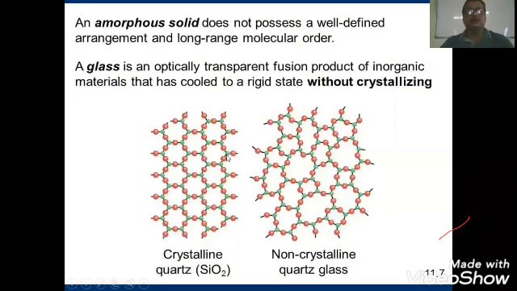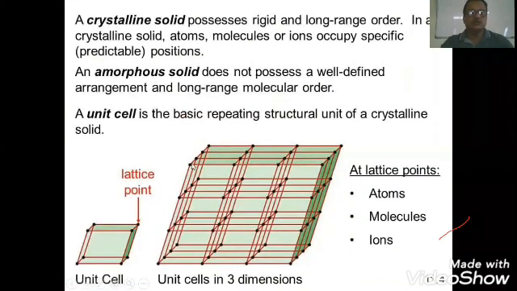So you can draw the structure of silicon dioxide in the form of what is called a space lattice. The space lattice is drawn through points. Can you see these are dots? Each dot represents a particle in a crystalline solid.